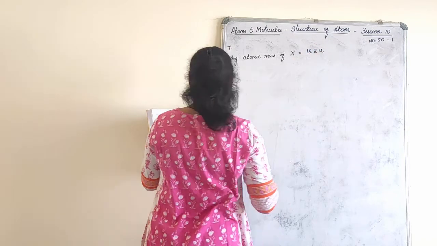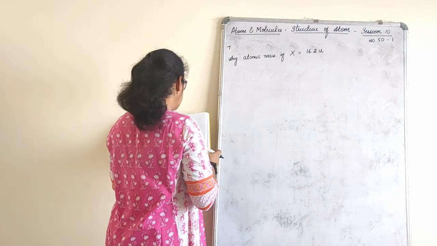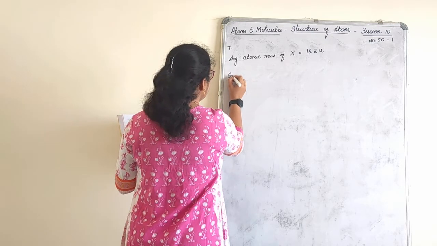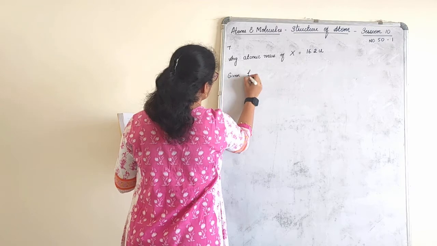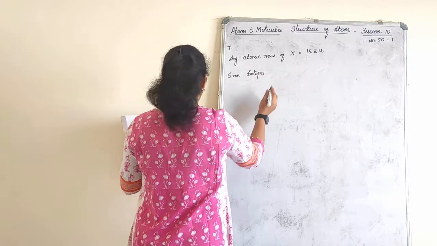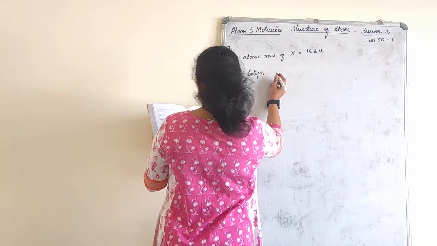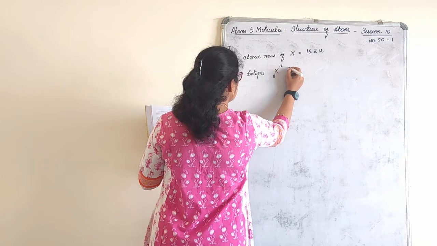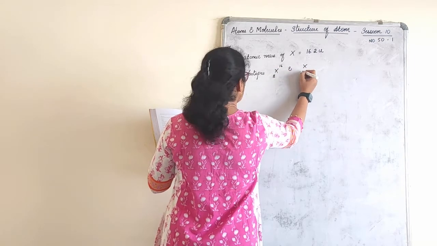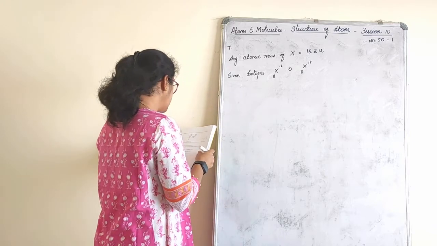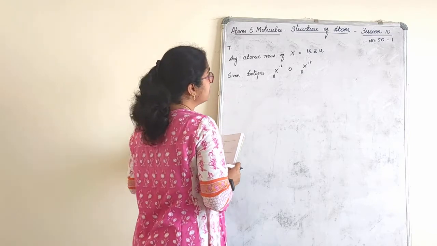The isotopes given are 16 and 18. What percentage of isotopes are in the sample?